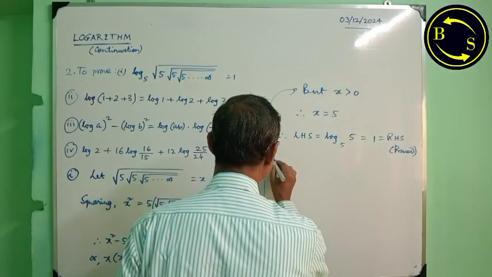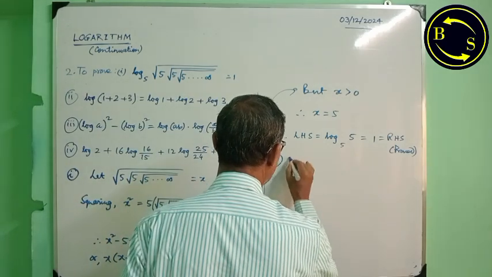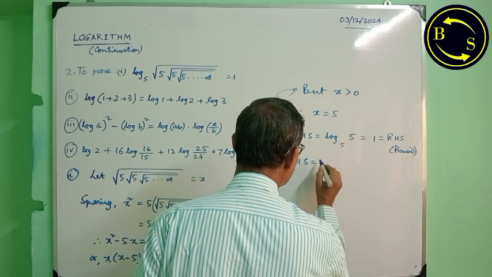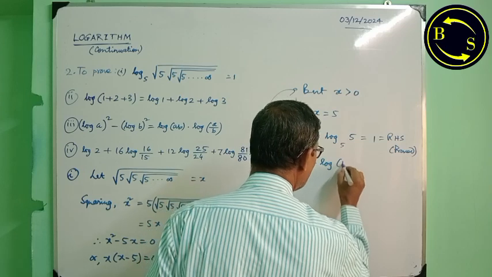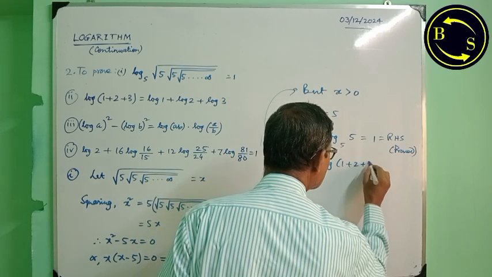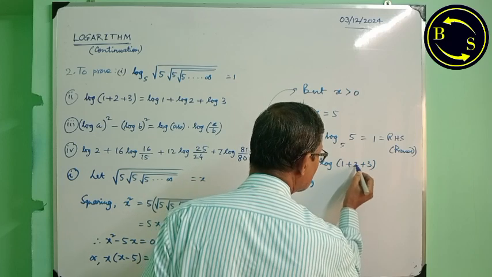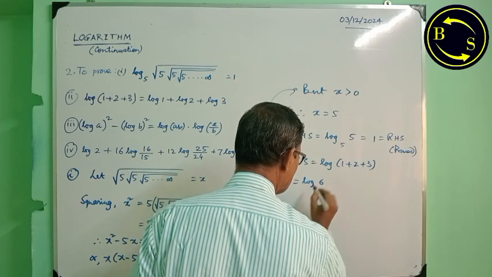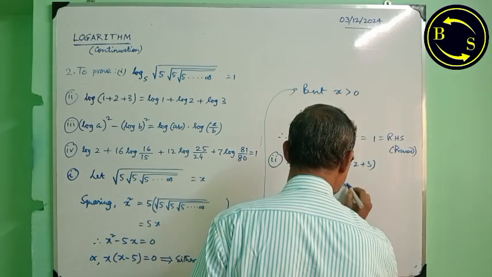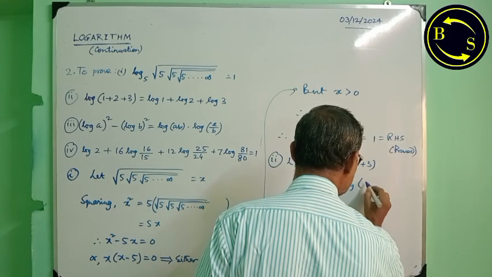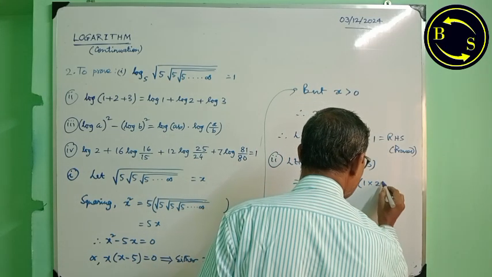Now number 2. LHS: log of 1 plus 2 plus 3. Now what is the sum? 1 plus 2 plus 3, the sum is 6. Now 6 can be written as 1 into 2 into 3.